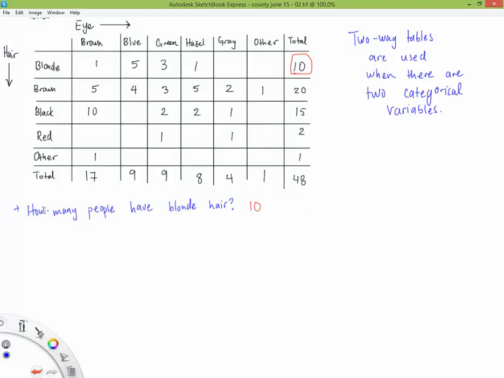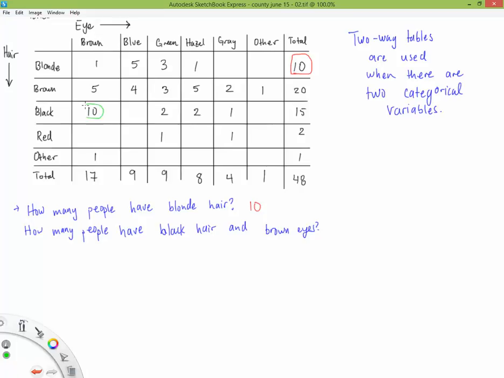All right, and then we could also ask, how many people have black hair and brown eyes? Okay, and the answer there is also easy, okay?